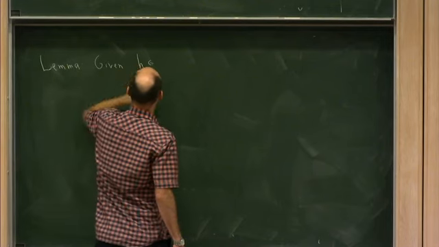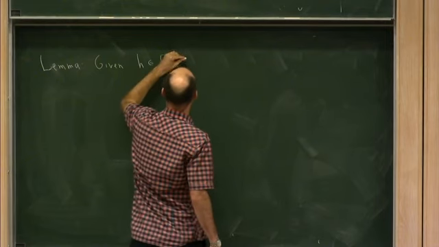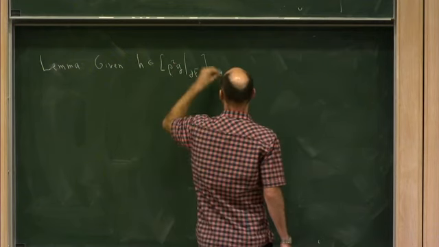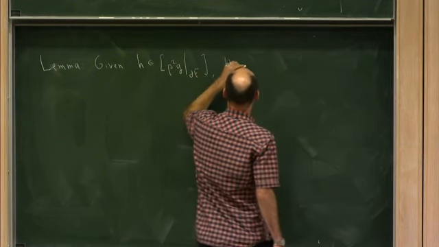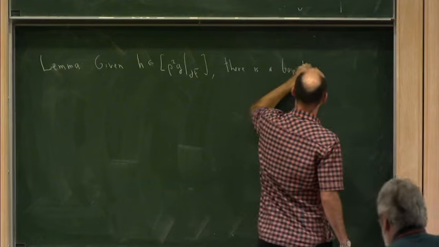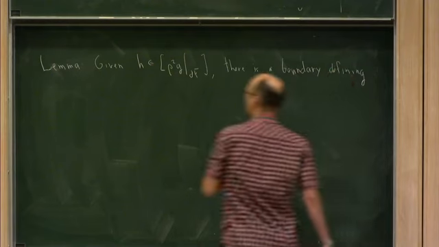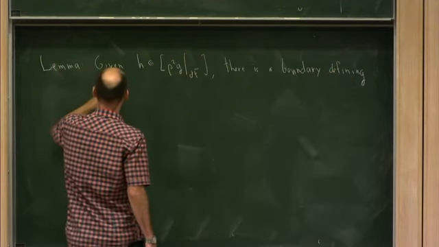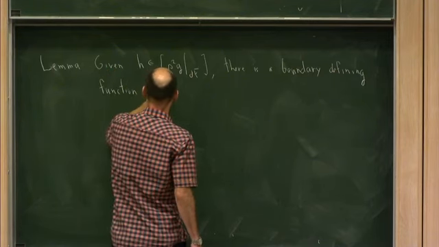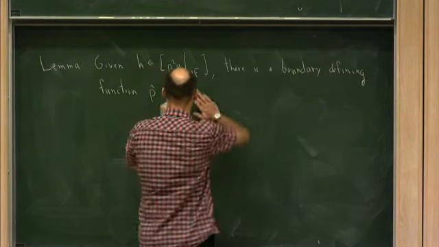Given a metric h in this conformal class, there is a boundary defining function, I'll call it rho hat, satisfying the following equation.